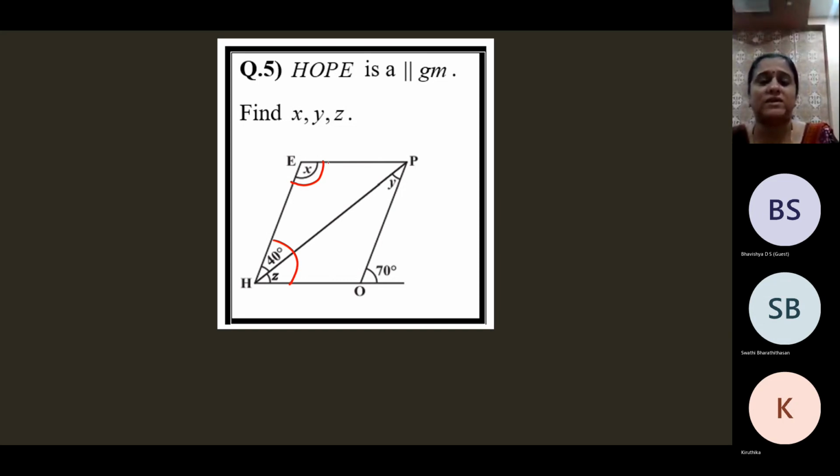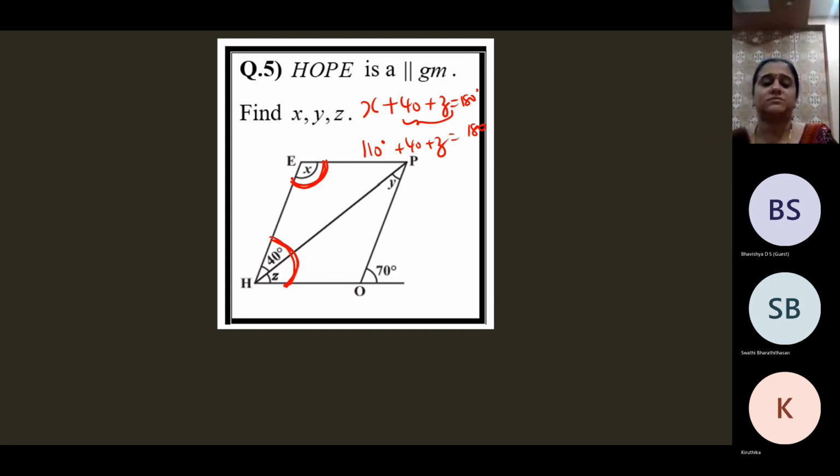They're not equal, but they're supplementary angles. So X plus 40 plus Z, where 40 plus Z is one angle, is equal to 180 because adjacent angles are supplementary. X is how much? 110, we found already. Plus 40 plus Z is equal to 180. So like this, you can work and find Z. Correct.